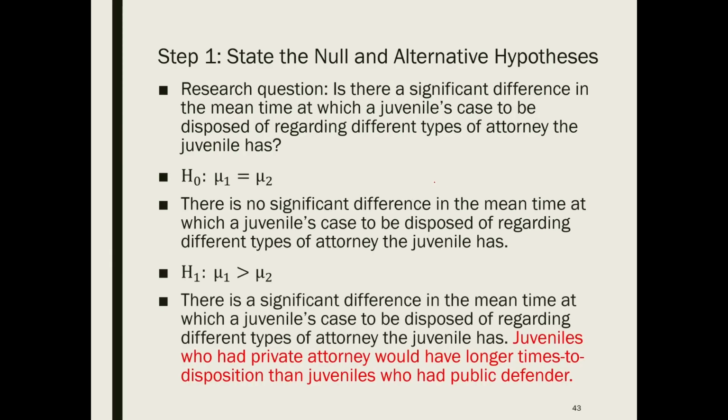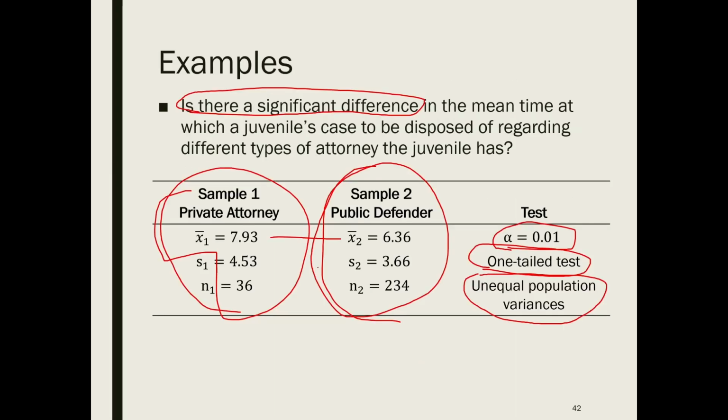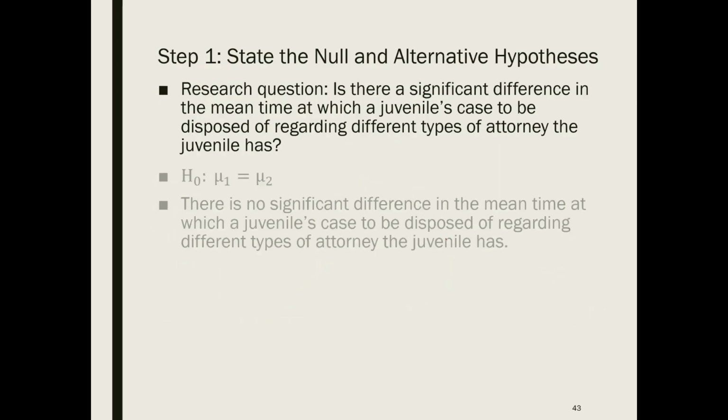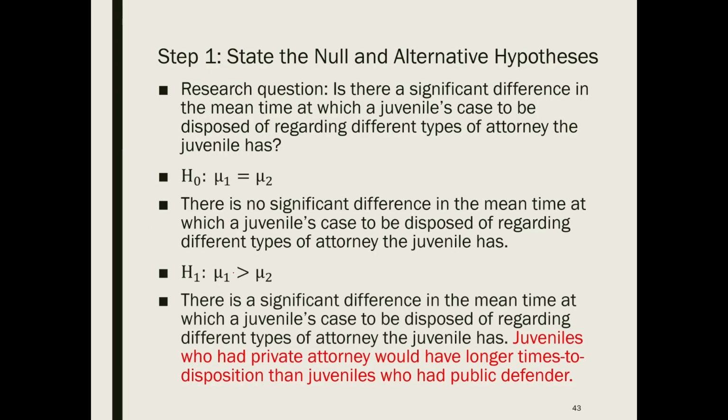Since we use the directional test and we have a good reason to believe that mu1, which comes from x1 bar, is bigger than mu2, which comes from x2 bar, we believe the average time in population 1 is larger than the average time in population 2.